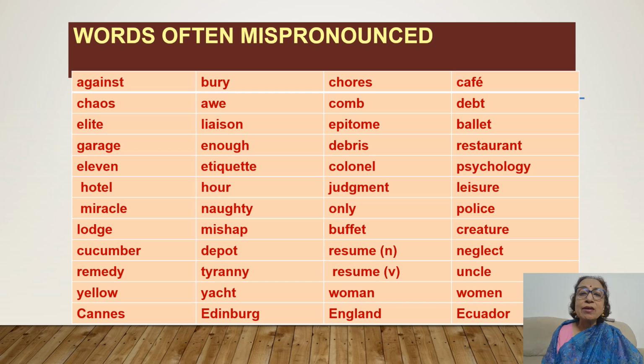Similarly, Edinburgh, next column, last word. Then you have England. And then you have Ecuador. These four are all proper nouns. I've put them last. Now you have the word bury, very often mispronounced.